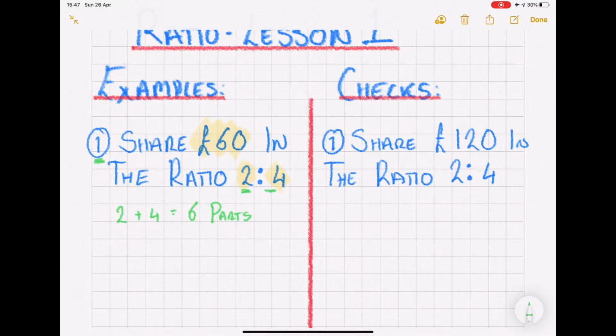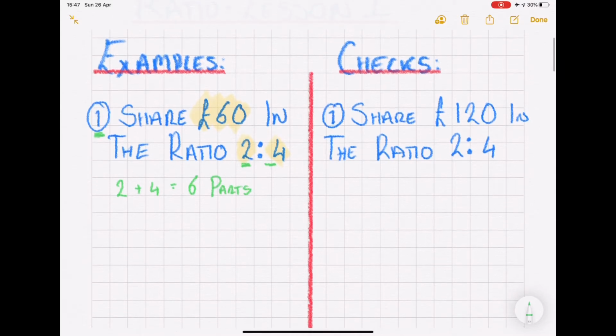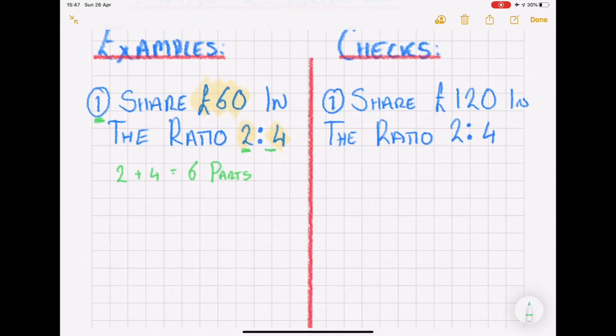Now the method I'm going to use is a box method. So next thing I'm going to do is draw out 6 boxes. And I'm going to say these 6 boxes all added together have a worth of £60.